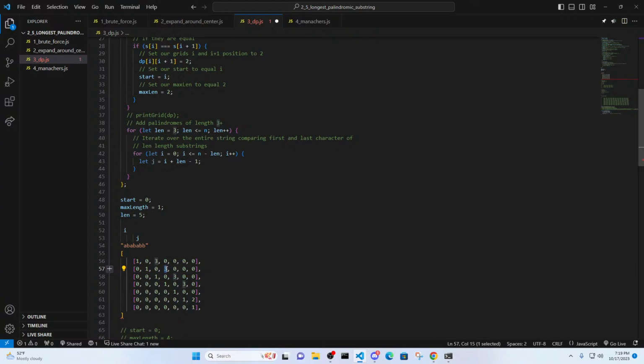There is a truthy value here. And so we're going to go ahead and take length, and we're going to store it at i, j. So 0, 4. Length 5. And so you just continue building this out here.